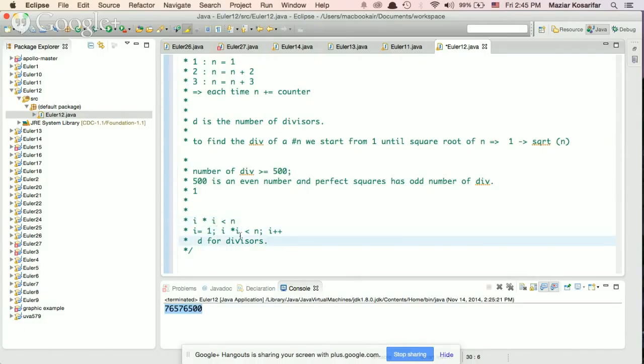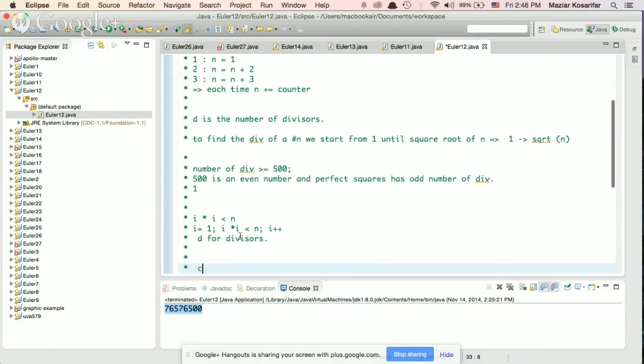I define the variable d to save the number of divisors. So each time I check a number, I set d as 0. And I define the variable count, which starts from 2, goes to 3, 4, and it goes until we find a number that has more than 500 divisors.